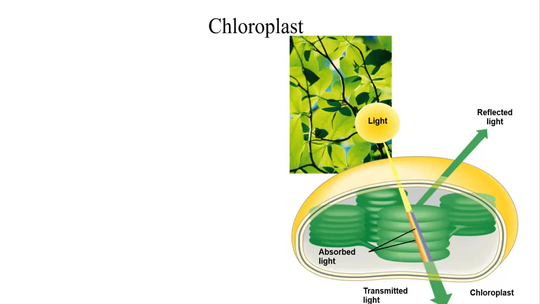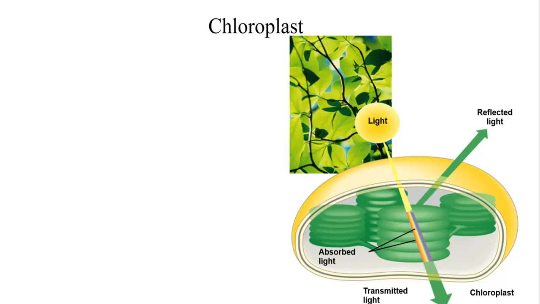And the next question is, where is the location of photosynthesis? And we all know it is the chloroplast. Chloroplast is the organelle in the plant which is more or less similar to the mitochondria of animal cells.